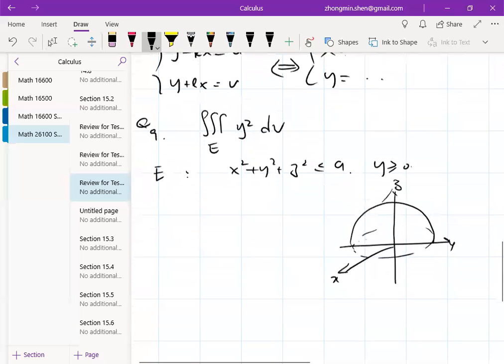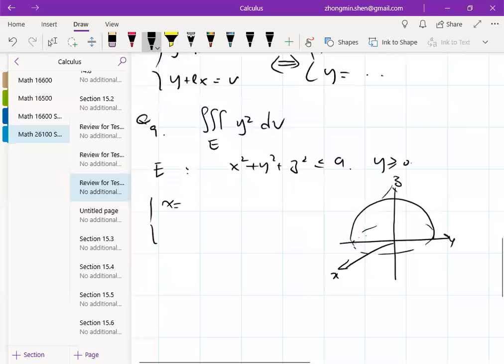For spherical coordinates, you write down x equals rho sine phi cosine theta, y equals rho sine phi sine theta, and z equals rho cosine phi. Cosine phi gives the height of that point, and rho is the radius.